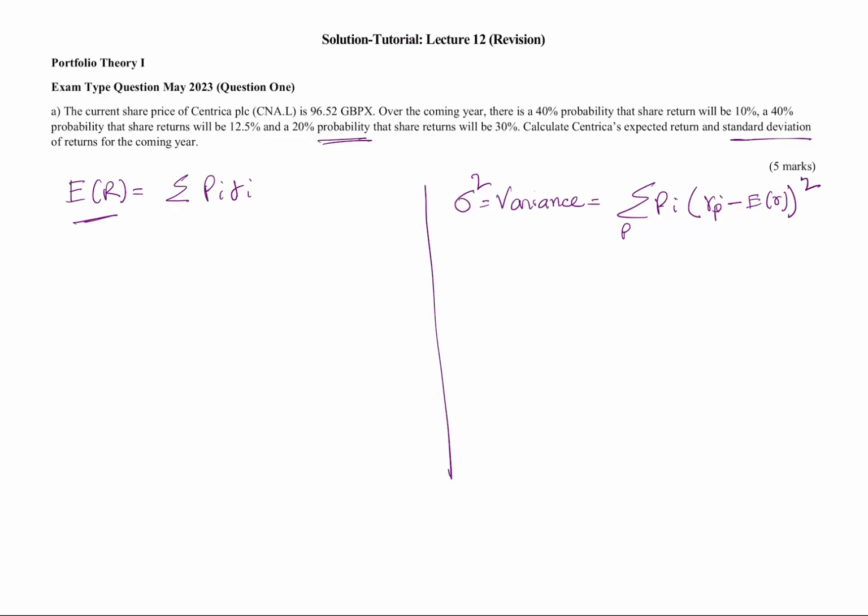So the difference from the mean return is squared and multiplied with the probability, add them up together, and we'll get the variance.